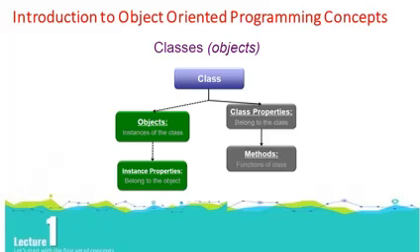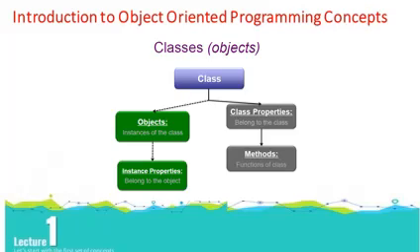Now another very important term with an object is an instance of a class. Instance means from a group of objects we have selected one object, that is called an instance. So an object is also called an instance of a class.